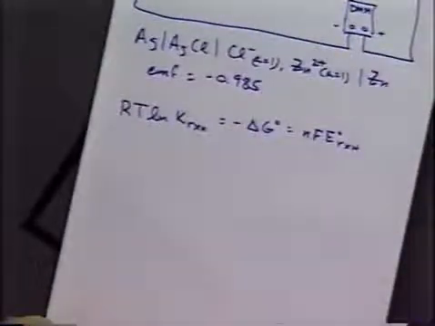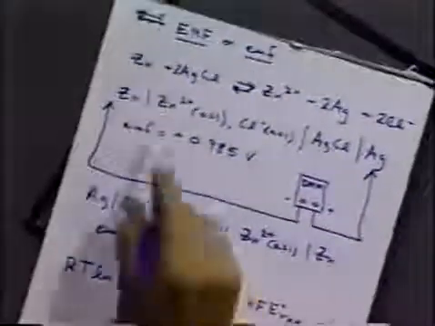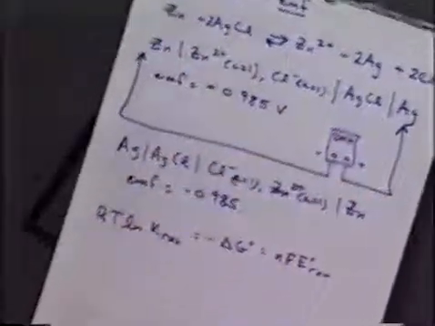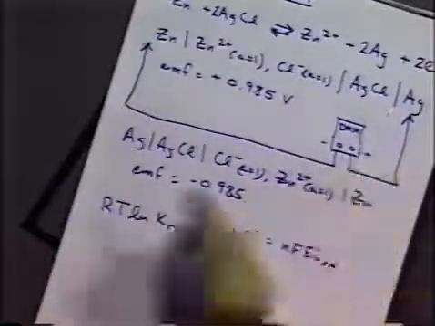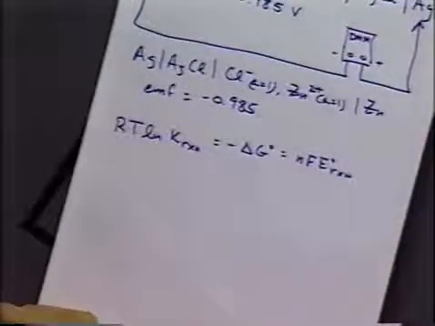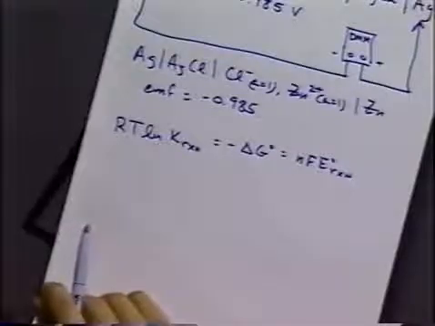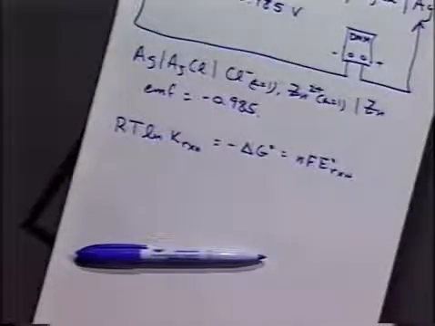And so, for example, the cell that we've just looked at up here, we can derive, for example, the solubility product of the silver chloride in solution as an equilibrium constant out of that particular cell, as long as we keep the other constants the same.